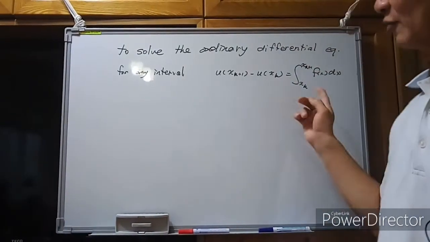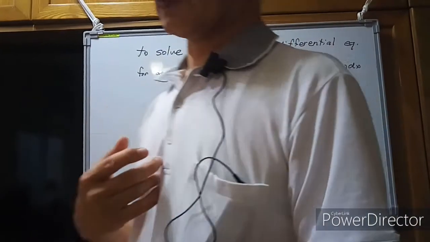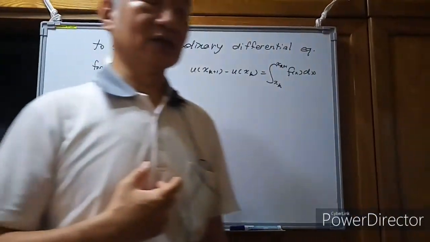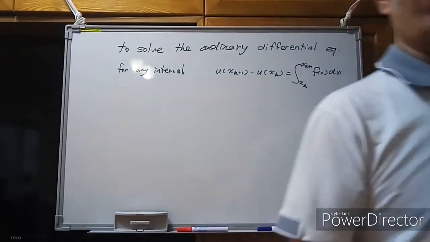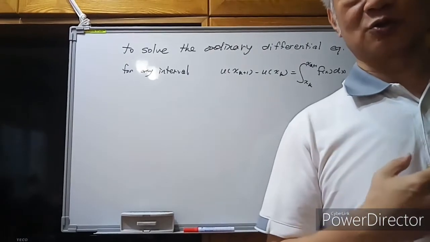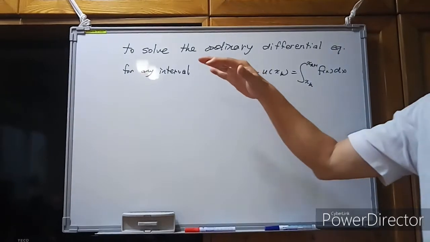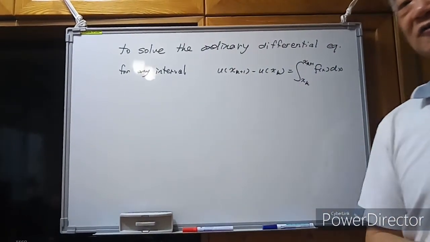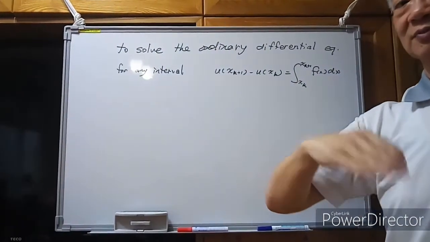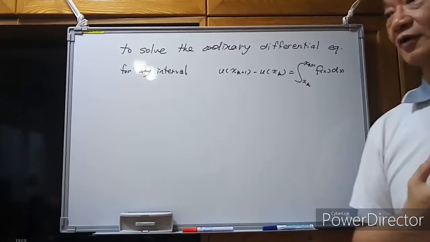If the f of x is a known function that does not contain the solution variable u of x, then it is called a linear problem. No matter whether it is a linear or nonlinear function, the techniques introduced here can be used to solve either.